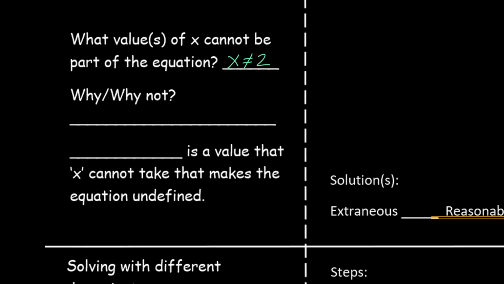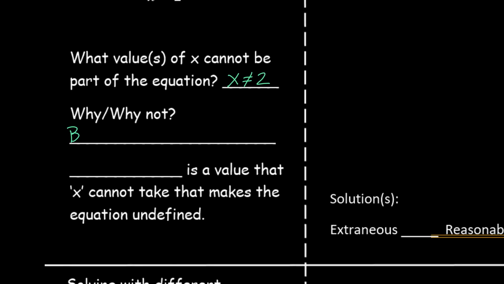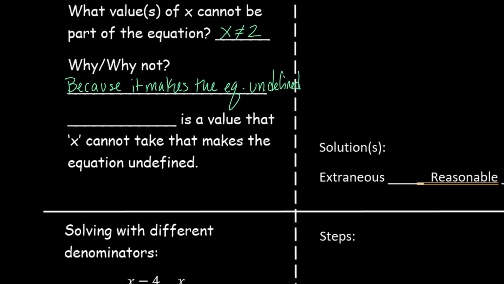Because it makes the equation undefined. So therefore, x equals 2 is a value that x cannot take. That makes the equation undefined.